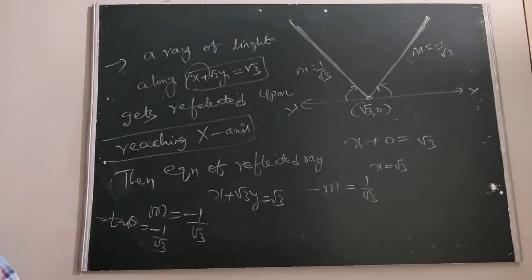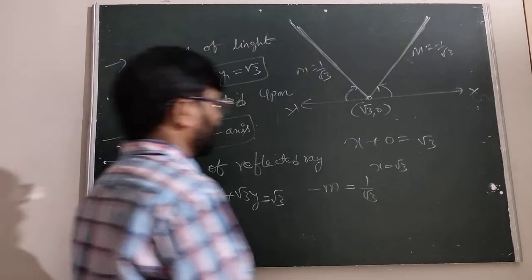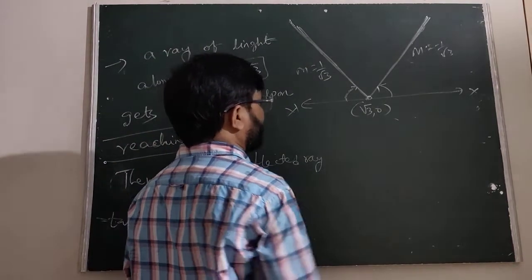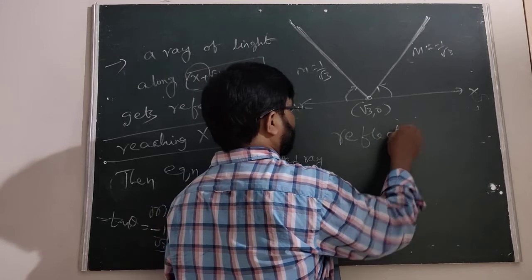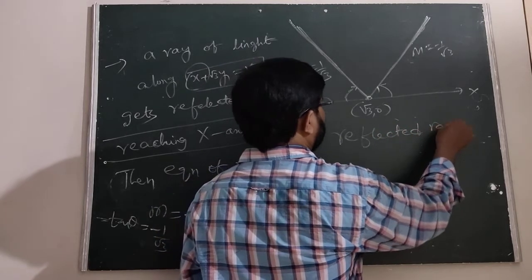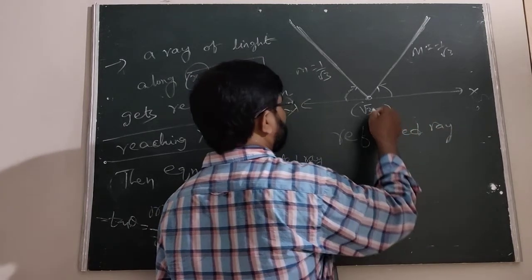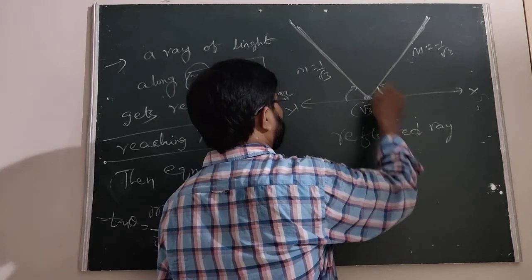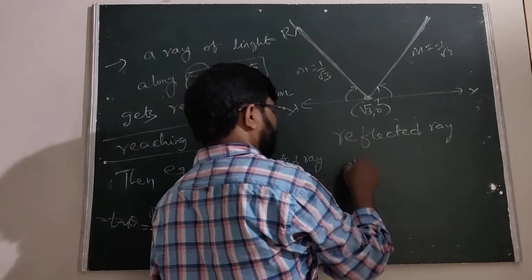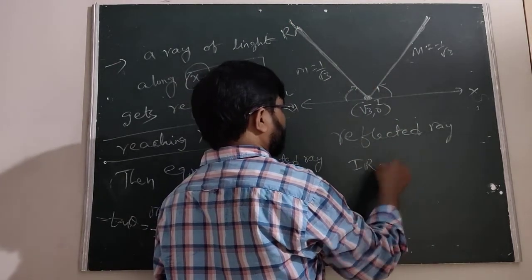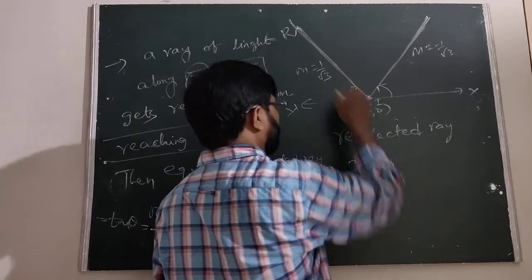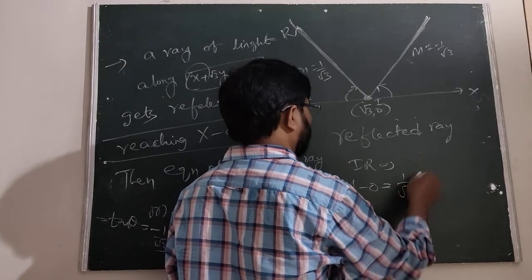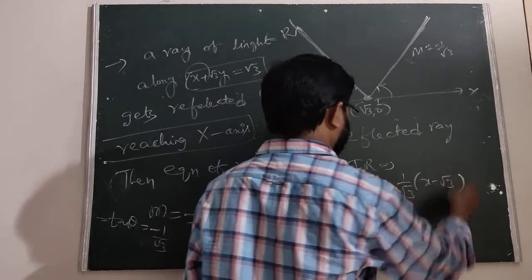Therefore, now we can write the equation of the reflected ray. We know that y minus y1 equals 1 by root 3 into x minus x1.